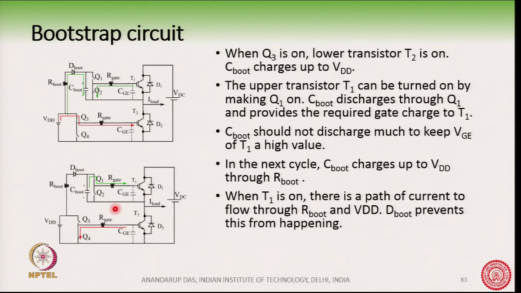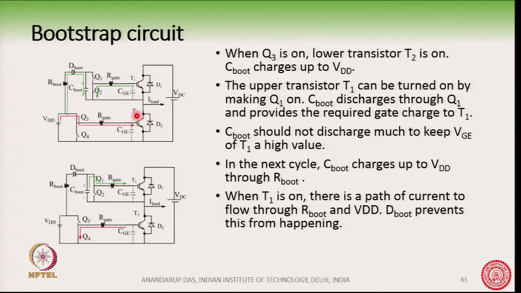So, whatever charge C boot had accumulated when the lower transistor T2 was on, it is now discharging here. But note that it should not discharge too much, because if it does, the gate emitter voltage of T1 will fall, and we do not want that.